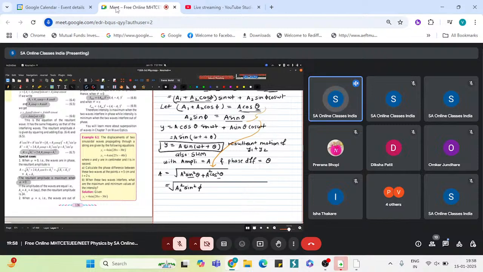Don't get confused between theta and phi; I'm writing this line bigger so that you don't get confused.